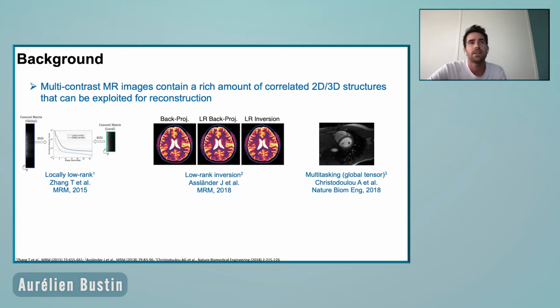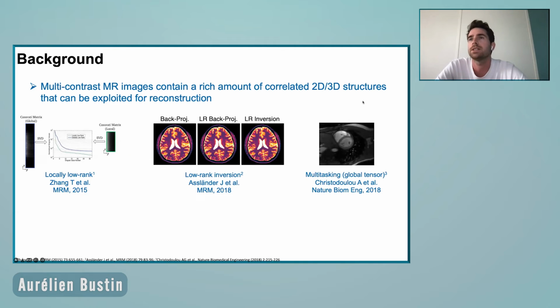A couple of techniques have been proposed to reconstruct fingerprint data sets, and I'm showing you 3 of them. When you acquire multi-contrast images, you have a rich amount of correlated information, either spatially or in the contrast dimension. You have so much correlation that you can exploit to recover nice image quality.